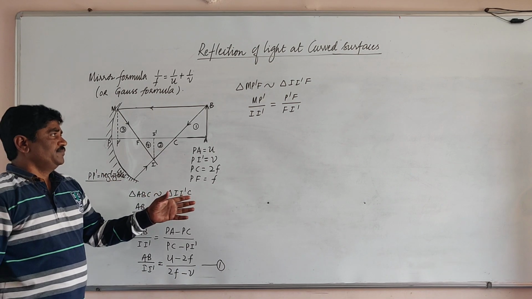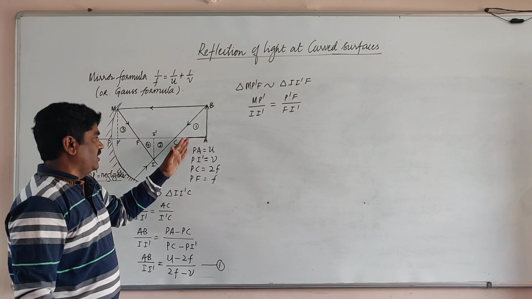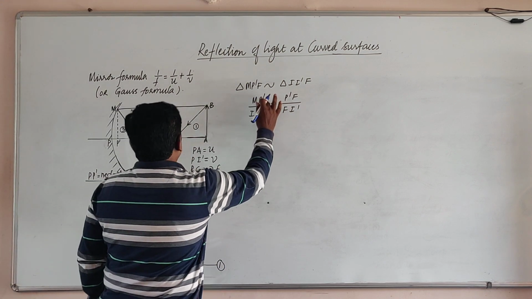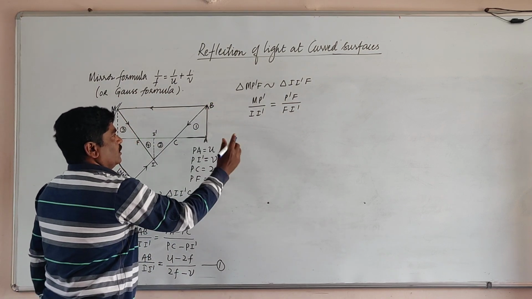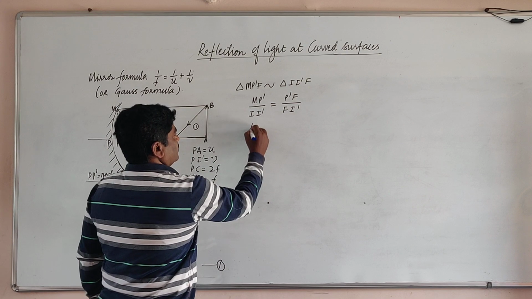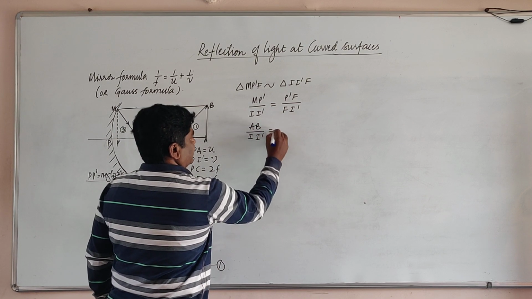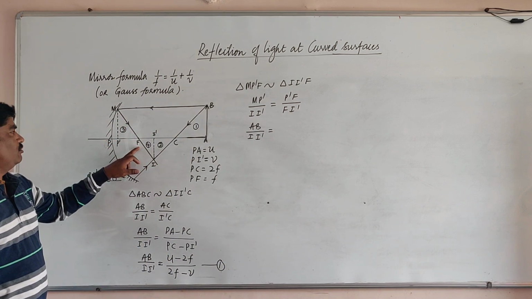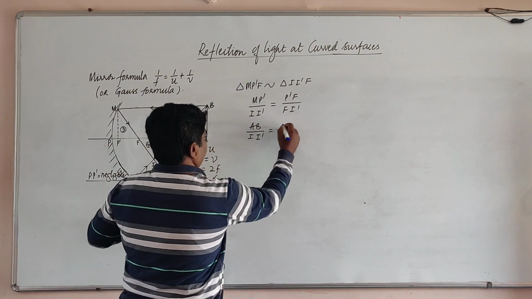I told you already that these distances are always written in the form of the given notation. So here MP dash is almost equal in height to AB. Therefore I am writing AB by I dash is equal to P dash F, and P dash F is nothing but PF.